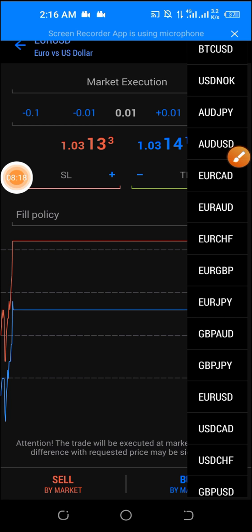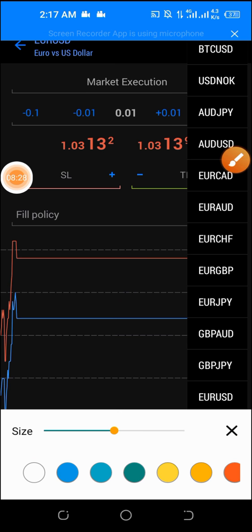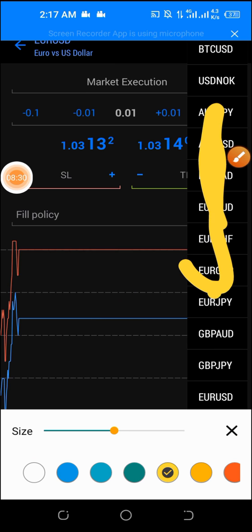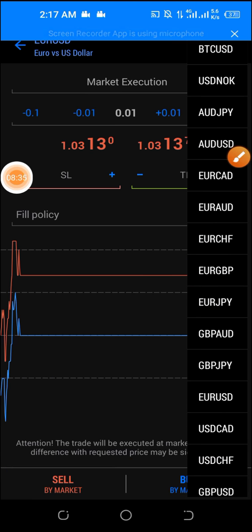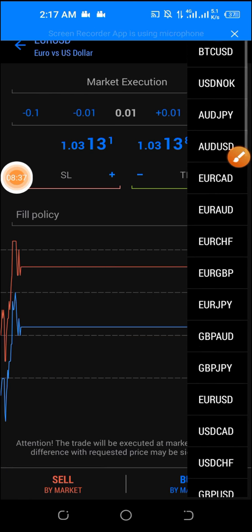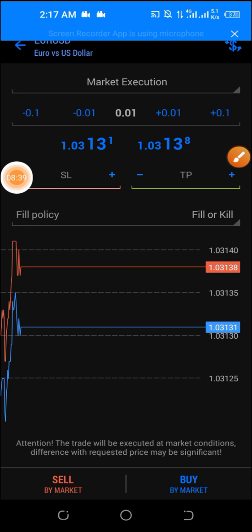You open it like this. You see AUD USD. You can move to any other one apart from that. You can scroll up and down until you find the one you want. So in this case, we are using Euro USD.